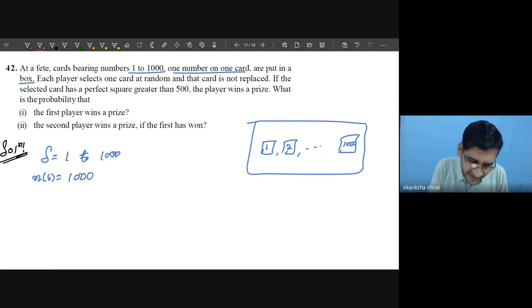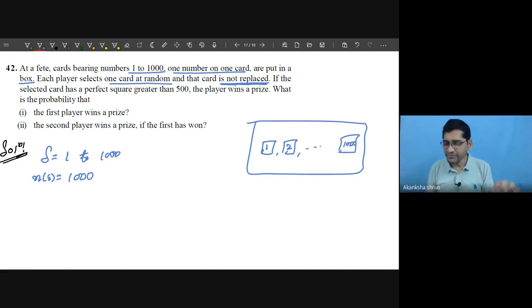Each player selects one card at random. One card has to be selected at random. And that card is not replaced. Here it is given. Not replaced means what? The condition that if you are taking one of the cards, that will remain out.